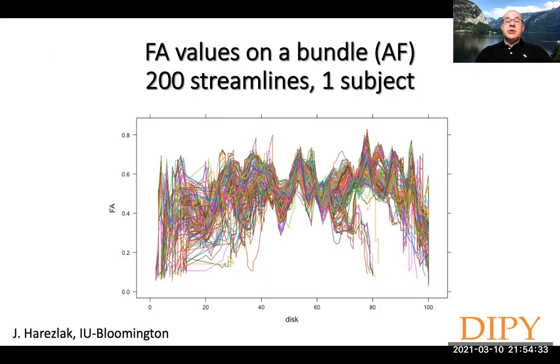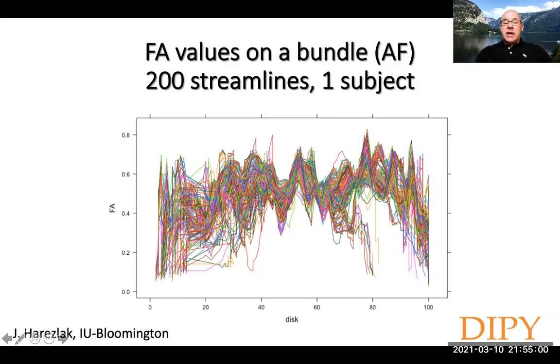Now, if we extract such data within one of the bundles for one subject, and here I'm just showing data for 200 streamlines, one thing you might notice is that data on a streamline might be pretty noisy, but the nice thing is that this data are registered or aligned along the disks.